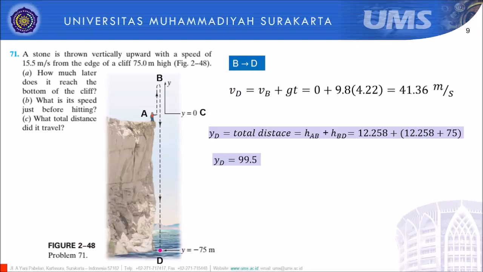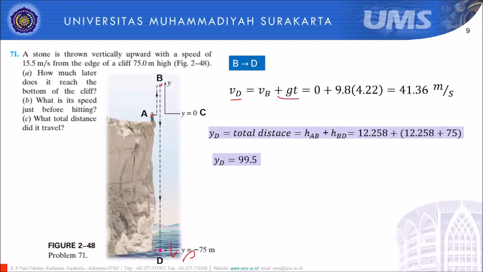Okay, the next question is what is the speed just before hitting? Just before hitting. This equation: V_D should be equal to V_B plus gt. Why plus? This is because it is free fall, so the plus here, not minus.